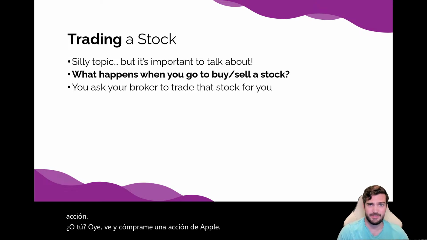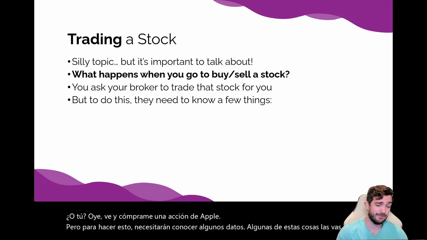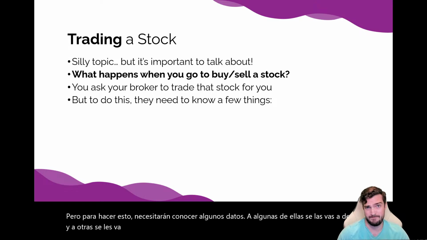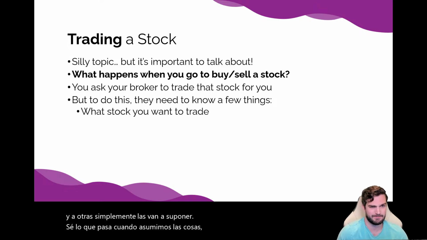But to do this, they're going to need to know a few pieces of information. Some of these you are going to actually tell them, and others they're just going to assume. I know what happens when we assume things, but the reality is they're going to.